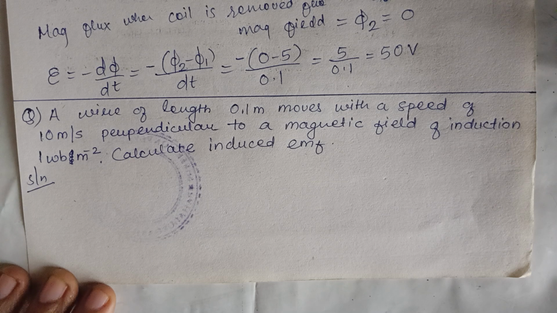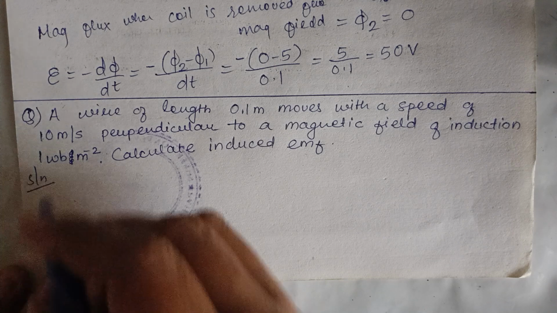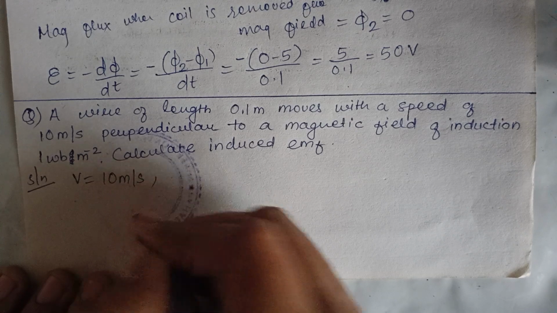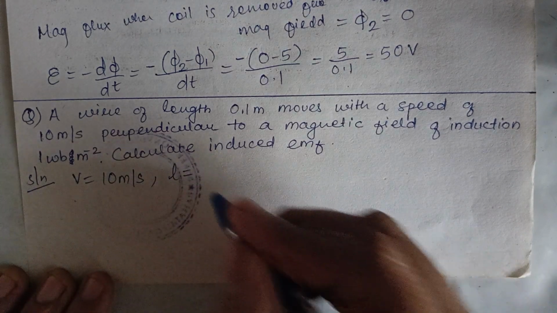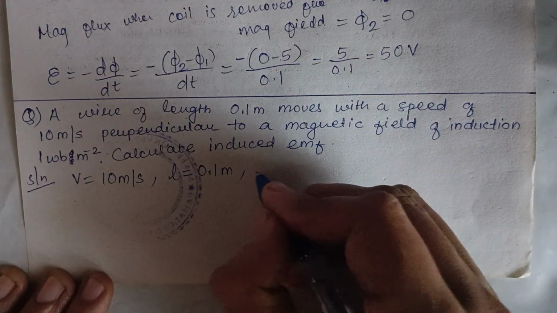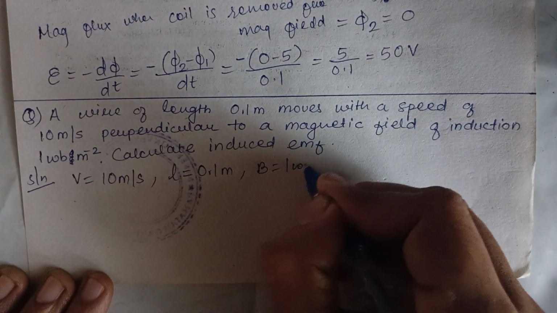Next question. A wire of length 0.1 meter moves with the speed of 10 meter per second perpendicular to a magnetic field of induction 1 Weber per meter square. Calculate induced EMF. So here speed is given, length is 0.1 meter, and magnetic field is given.